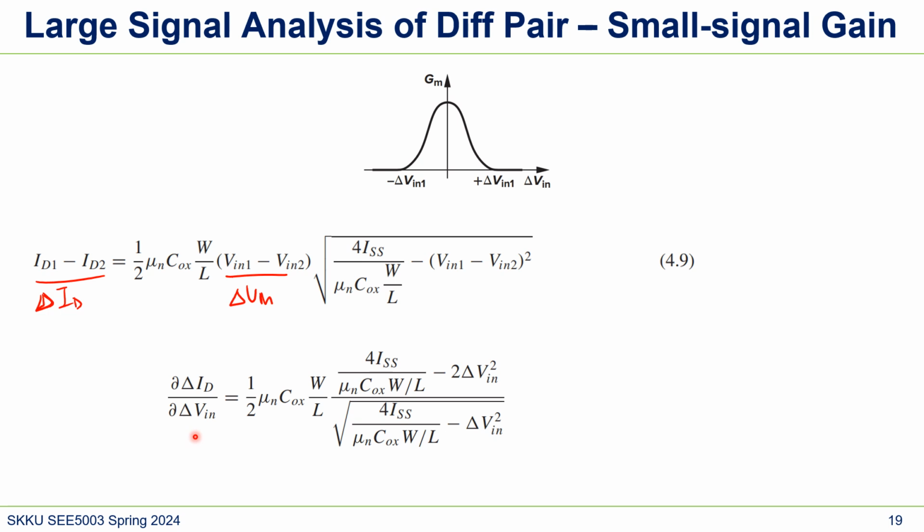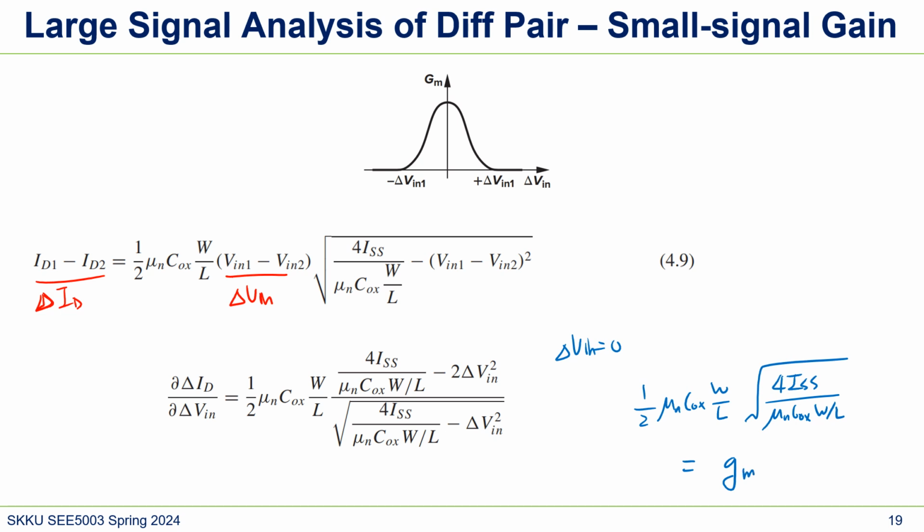If we take the derivative and put delta Vin as 0, then we get this, and this is actually gm.